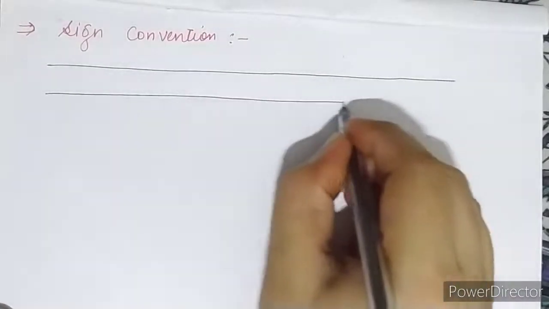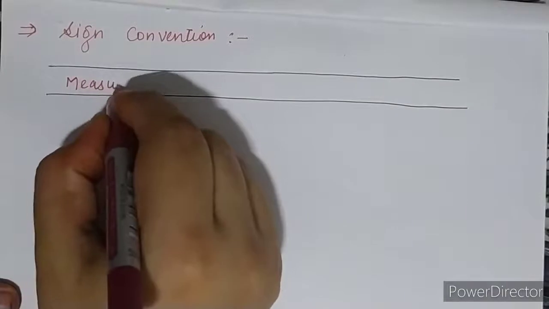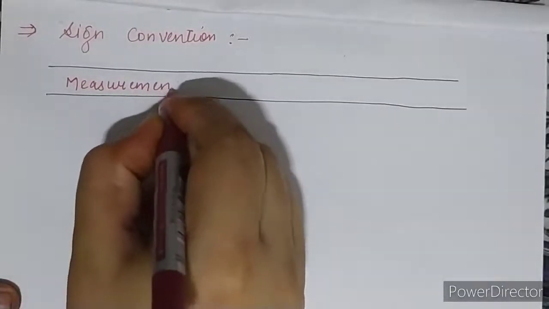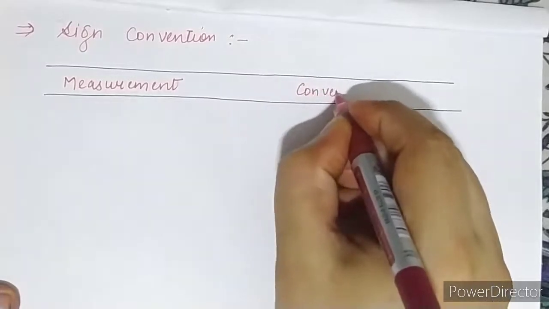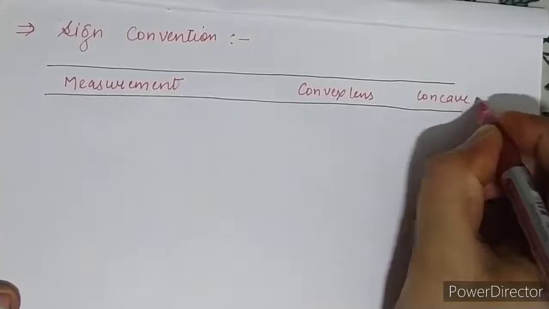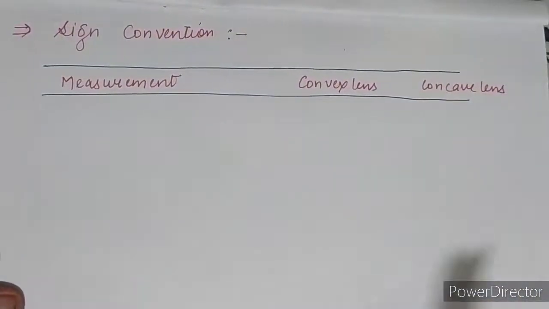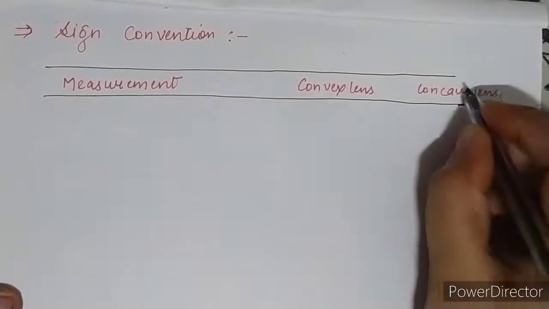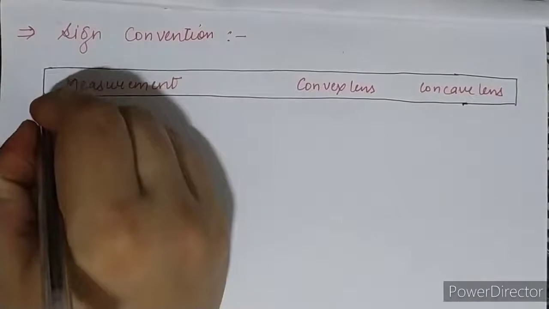First one is the measurement, which we measured. Next is your convex lens, and then your concave lens. Okay, these we have to make.